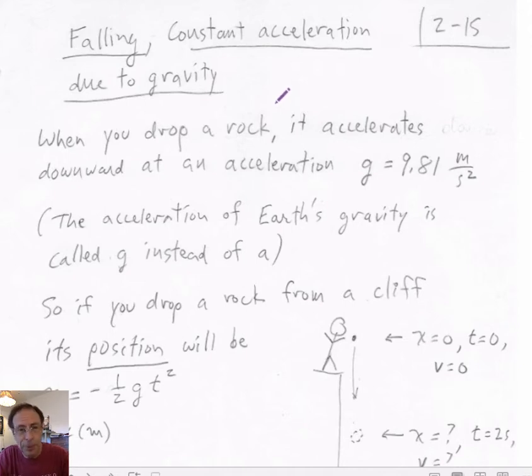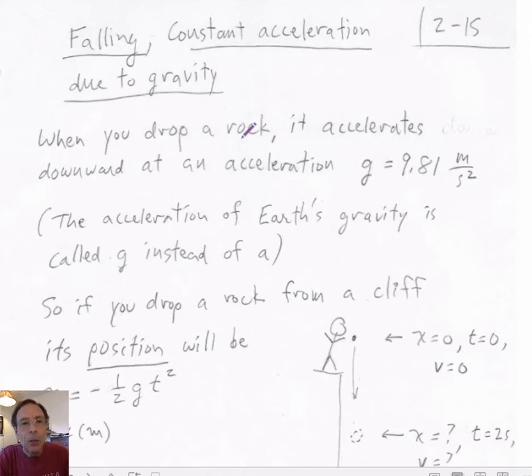So there's always going to be a little bit of air resistance. So technically, what we're about to discuss is an approximation. But if you're talking about a rock or a boulder or something with high density, then the effect of air is tiny, and we can ignore it.